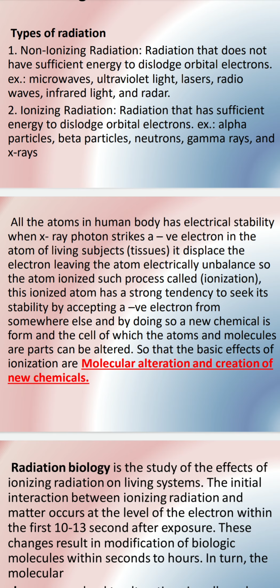The ionized atom has a strong tendency to seek its stability by accepting a negative electron from somewhere else, and by doing so a new chemical is formed, and the cell of which the atom and molecule are parts can be altered, so the basic effects of ionization are molecular alteration and creation of new chemicals.